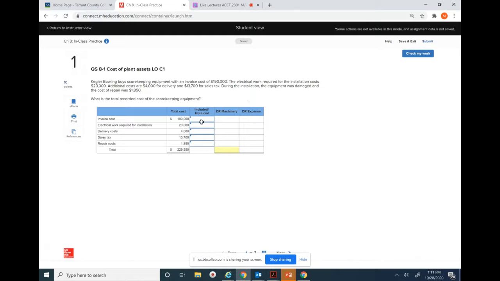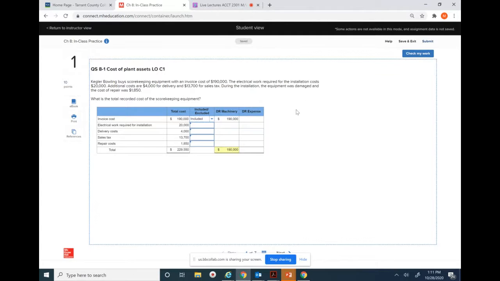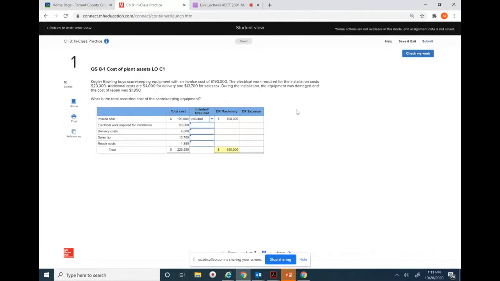So the $190,000 will absolutely be included in the acquisition cost of the asset. To that cost, we need to add all the other costs that the company has to incur to prepare the asset for its intended use.